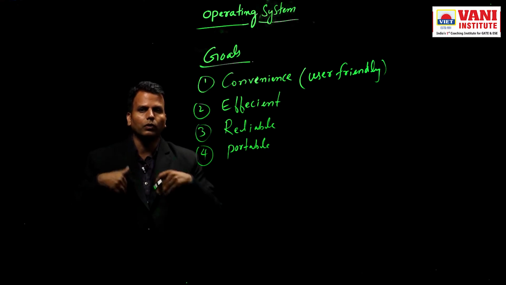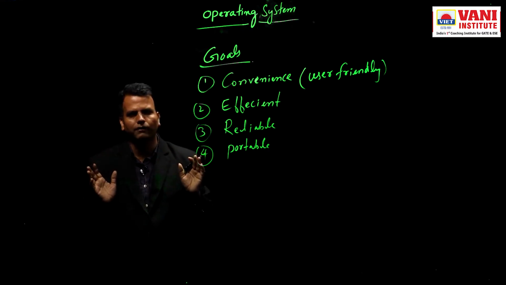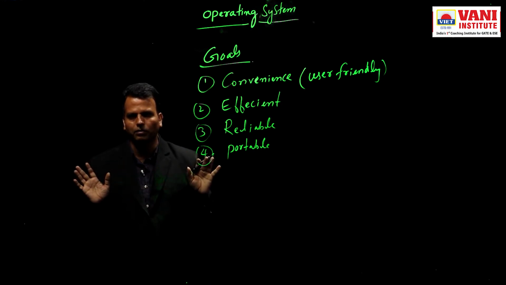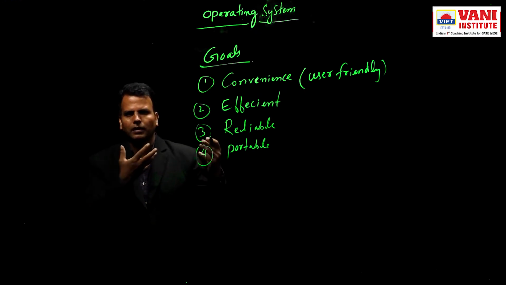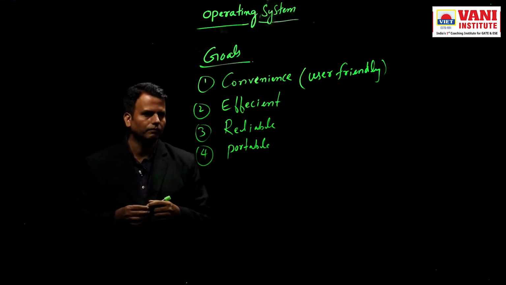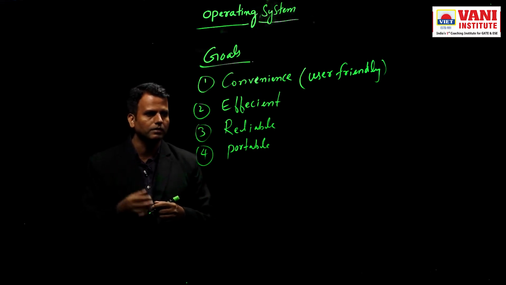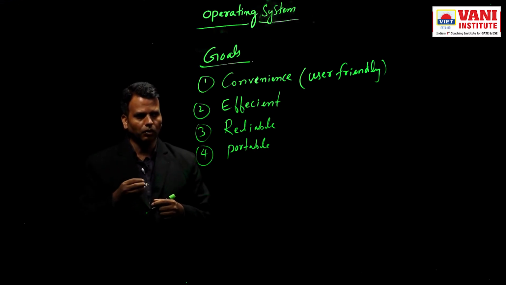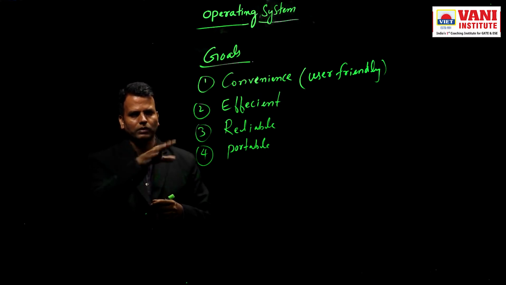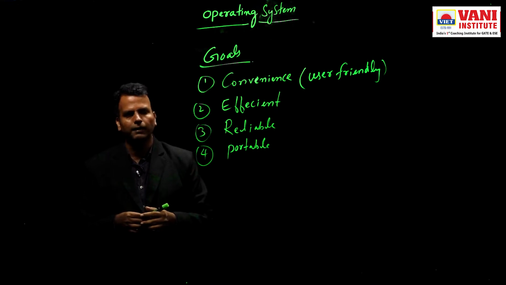Then how will you complete your work on time? System should be efficient. If the system is not efficient, you can't complete your work. So generally in missiles and scientific applications, efficiency is the primary goal whenever you are designing the operating system. Why not convenience? Because whoever is operating that system is a professional and he knows how to use all those commands. Got it?